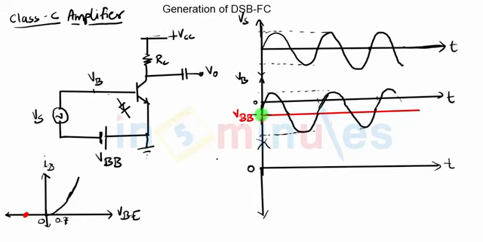Now let us talk about the conduction of transistor or the conduction of base emitter region again. We said that the transistor is biased below cutoff with the help of negative supply, and as long as the base voltage will be negative or below cut-in voltage, the transistor cannot conduct. If I assume transistor to be ideal, then the voltage at the base has to be greater than 0, and not necessarily greater than 0.7, for base emitter to be forward biased and for transistor to conduct.